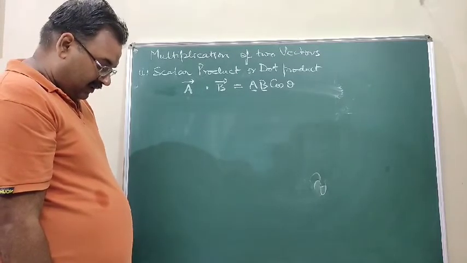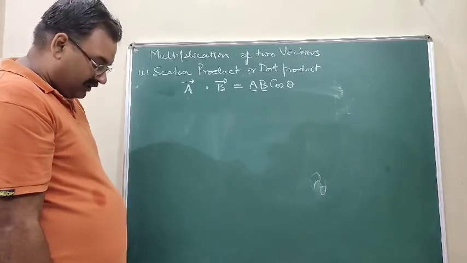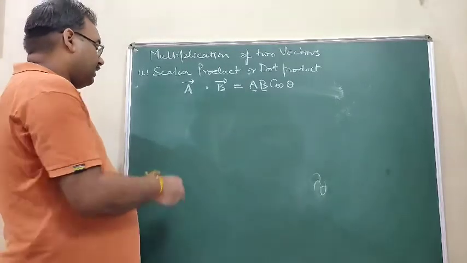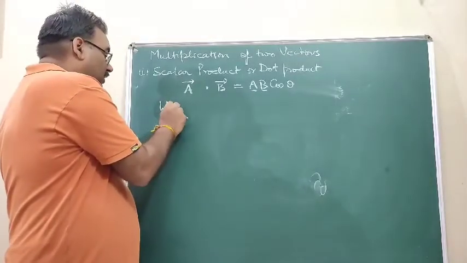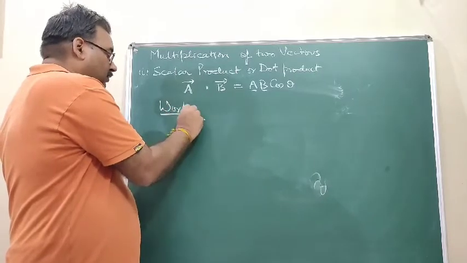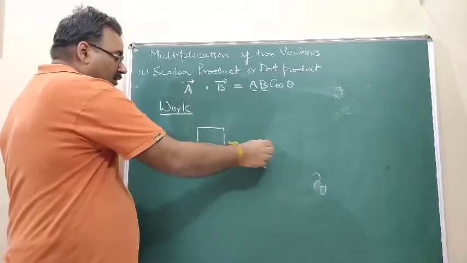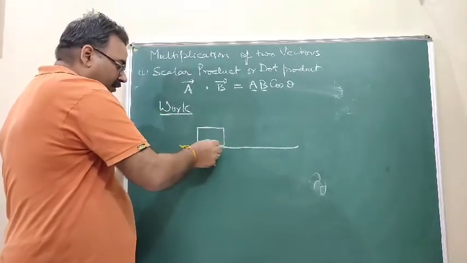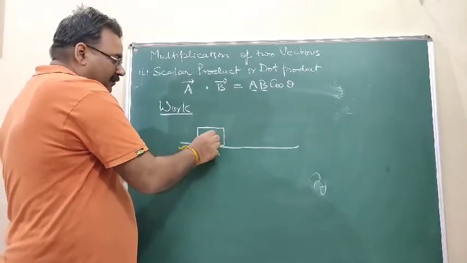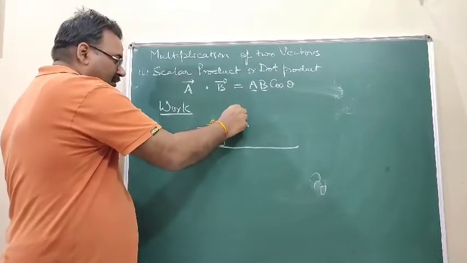Here we have an example. We have got a very good example of work. We have got a box placed over a horizontal surface, and there is a force F acting in this direction.